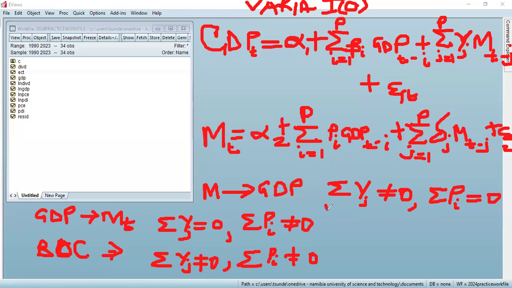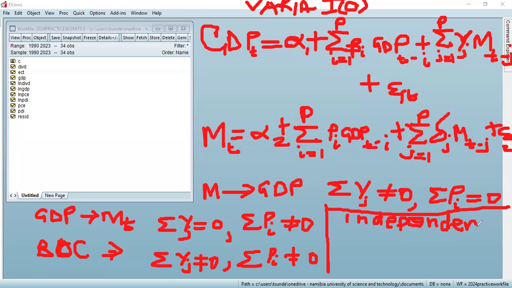And lastly, the condition for independence, where we are saying the two variables are not related to each other. So the condition for independence, these are the 4 conditions we discussed.